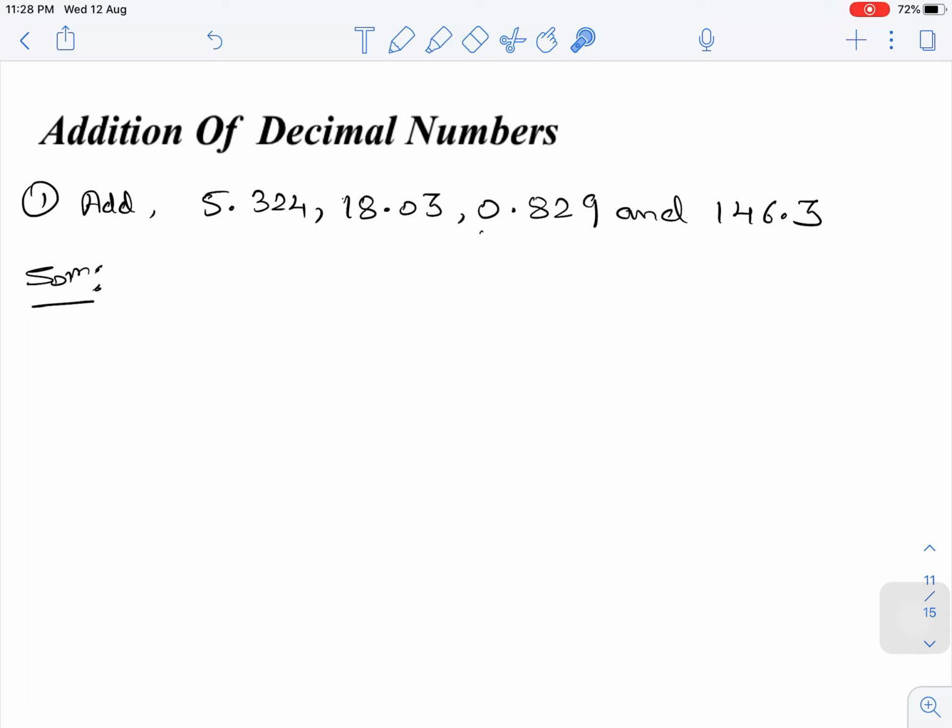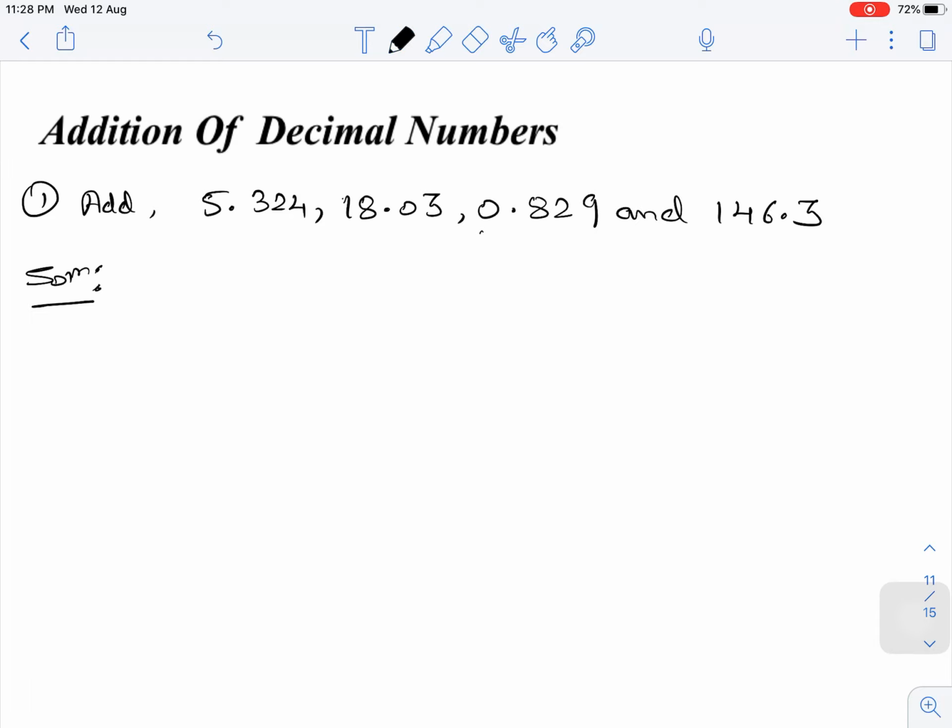Already we have seen in the previous period, like decimals means after the decimal the same number of digits must be there. Here 3 digits are there, here 2, here again 3, and here only 1 digit. So while writing, we are going to make them like decimals.